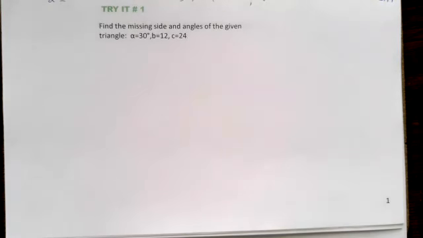Here's our problem: we have a triangle with alpha 30, B equals 12, and C equals 24. Go ahead and find the other pieces of the triangle. Pause here, because we're going to move on to our example 2.